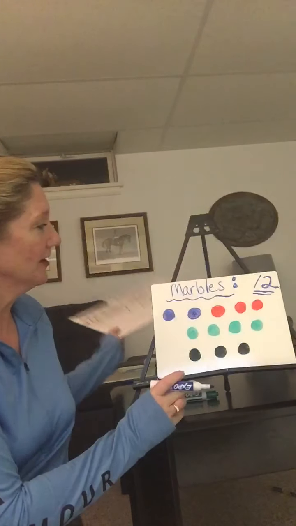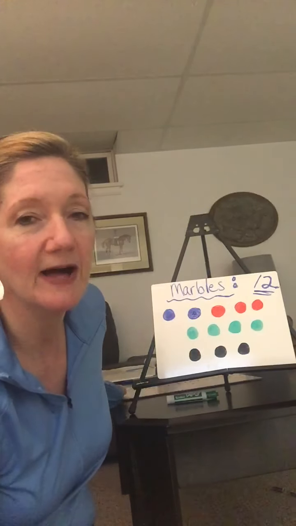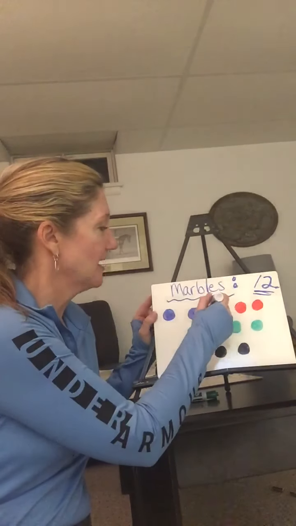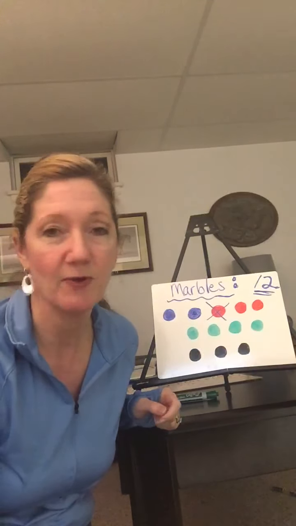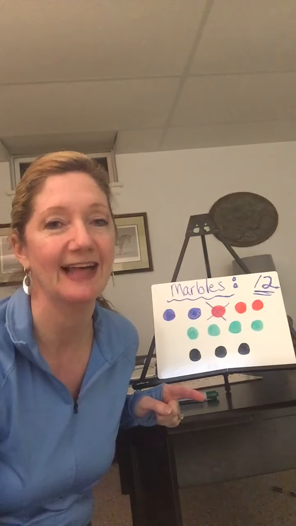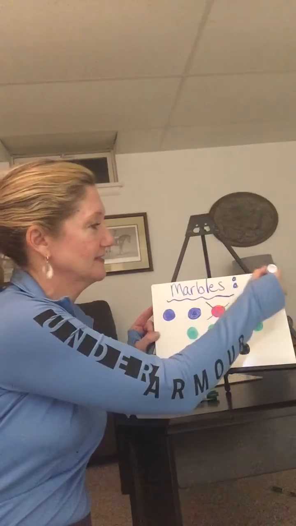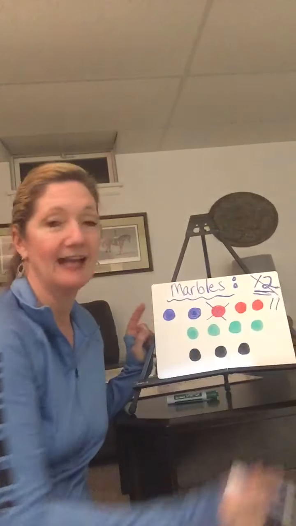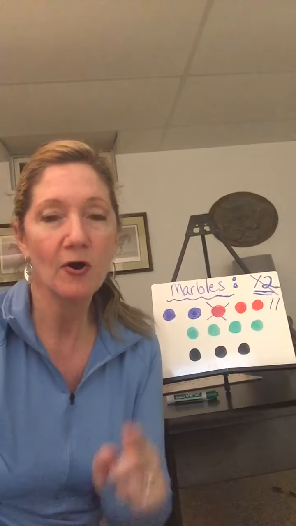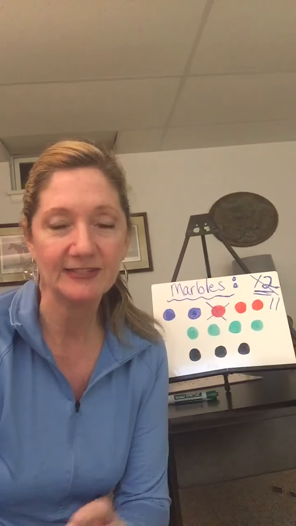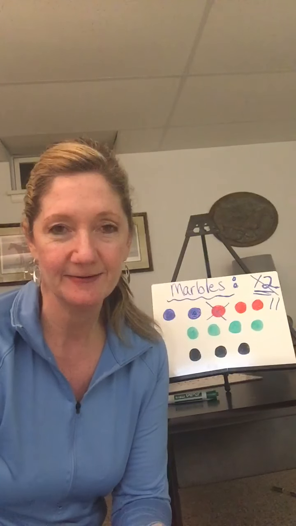Okay, so once you pull that red marble out and you set it aside, we're going to just cross this off. So now I know I don't have 12 marbles in the bag anymore. I have 11. So this overall total now is 11 marbles. So when you go to pull your second marble, what's the probability that it's going to be red?